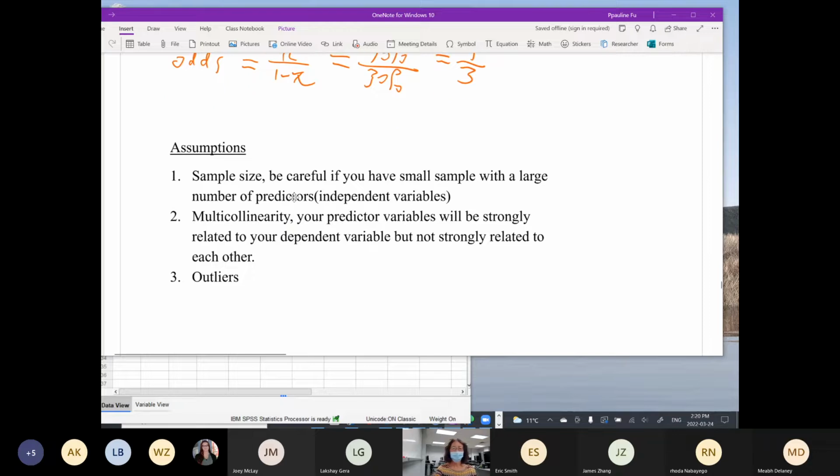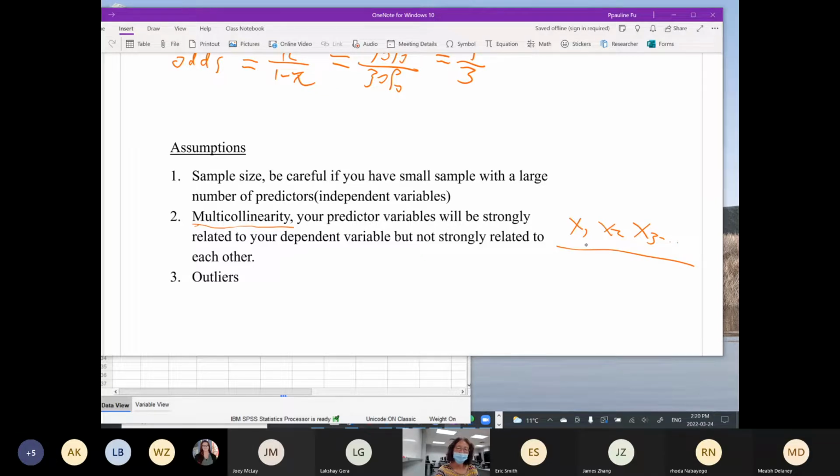So the assumptions for logistic test is sample size. Make sure you have large sample size. And because logistic regression is the extension of multiple regression, remember one problem with the multiple regression, you probably have multicollinearity, means maybe your x1, x2, x3 are related to each other.